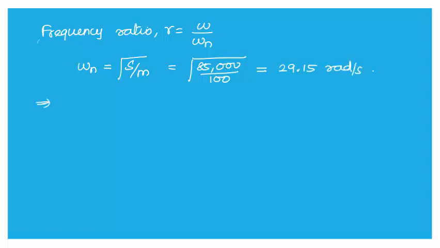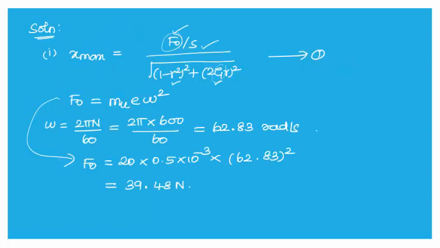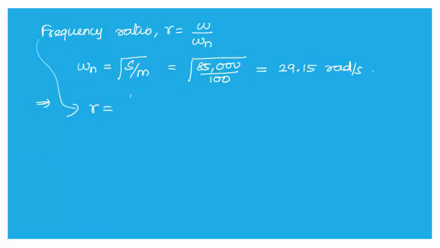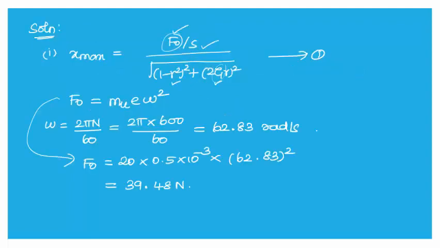So now we can calculate the value of r by substituting the value of omega as 62.83 and omega n as 29.15. So we can obtain the value of r as 2.155. Now we can substitute all the known values in equation 1 to calculate X max.